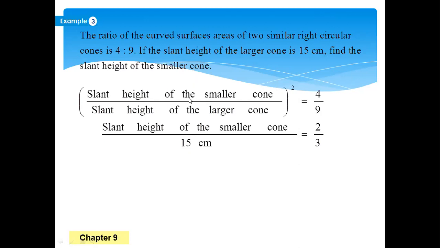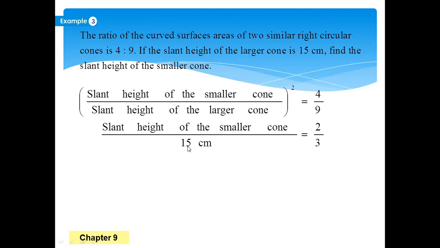As we did before, ratio of areas, 4:9 is equal to the ratio of any length, like the slant height. But remember, it's square. If on your right is area, then it's square of the ratio of lengths.